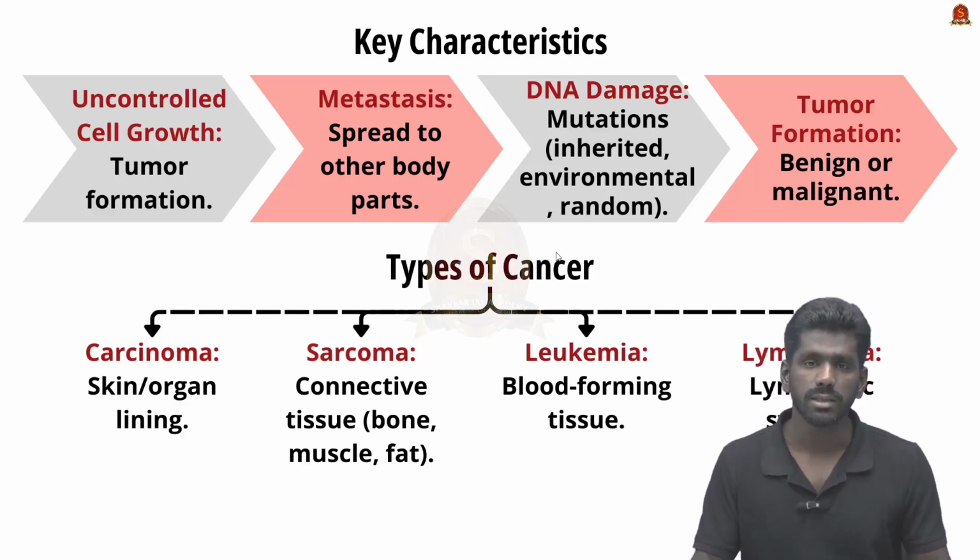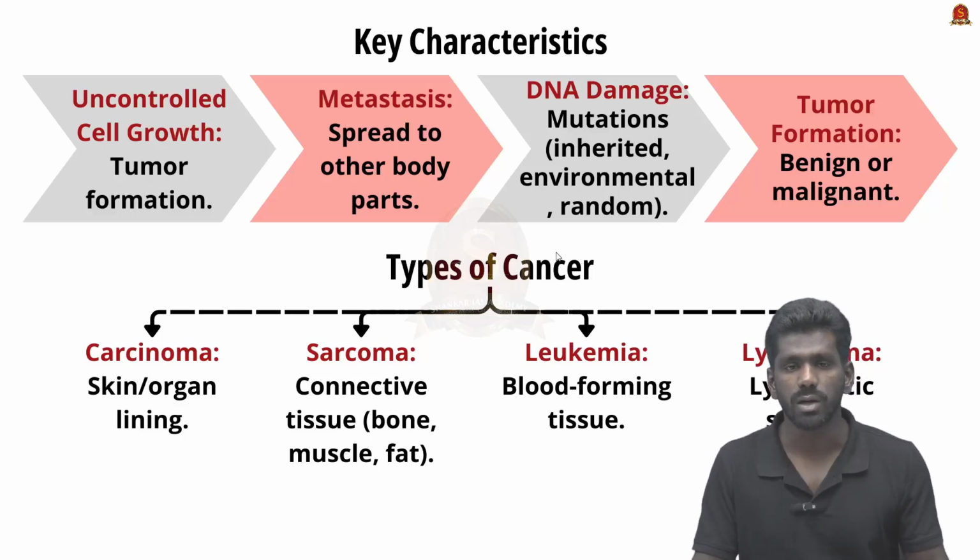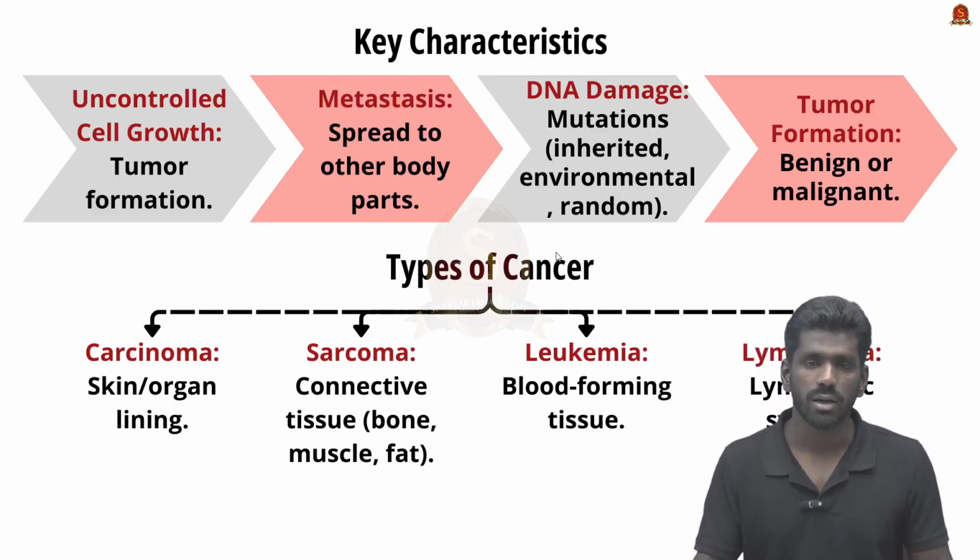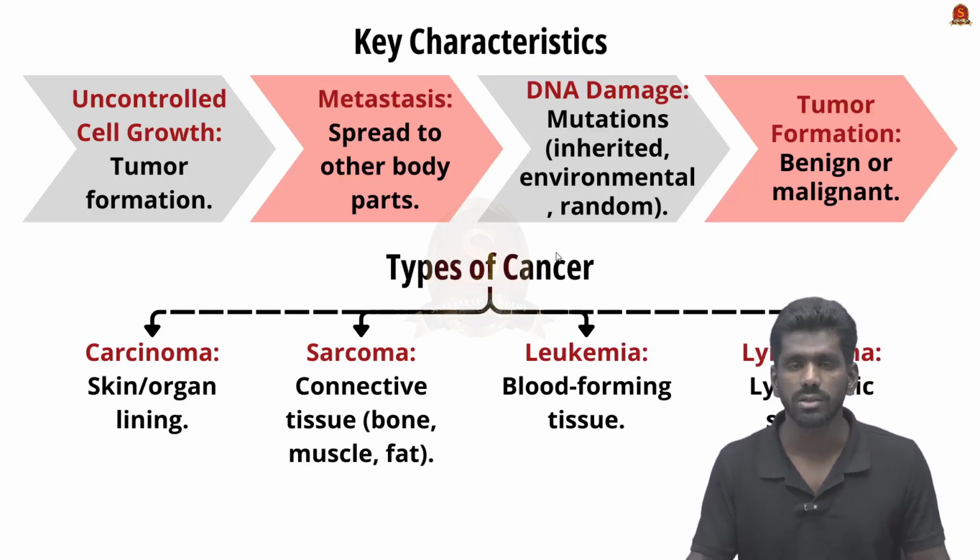The cancer cells can break away from the original tumor and travel through the bloodstream or lymphatic system to other parts of the body. So they can form new tumors. Some of the tissues or organs in our body have less resistance to cancer, and that is why cancers are more localized, affecting some organs in the human body.